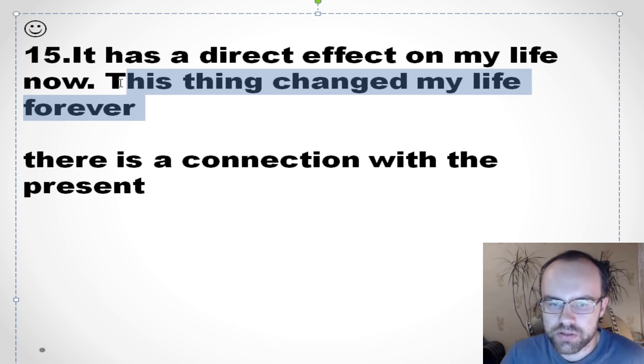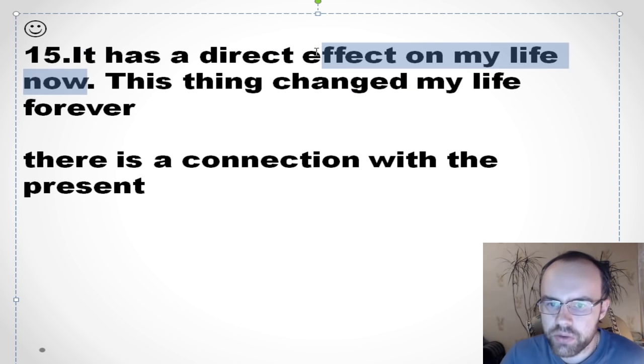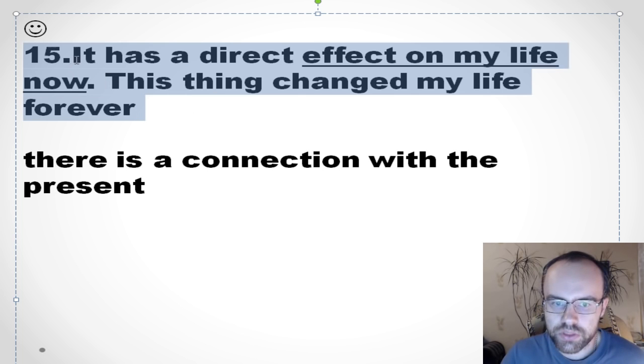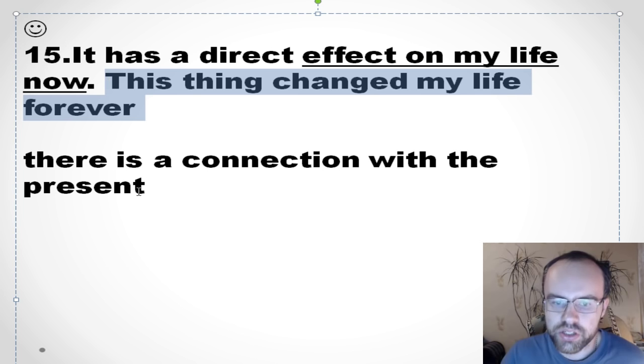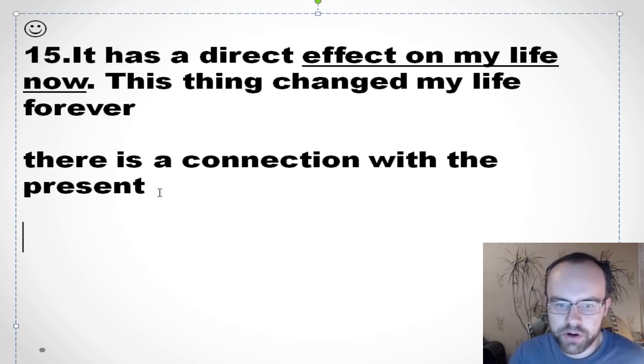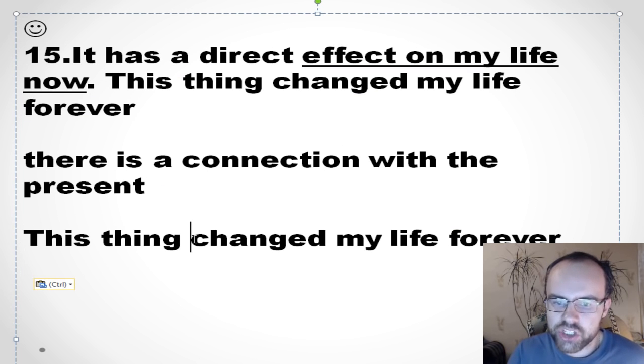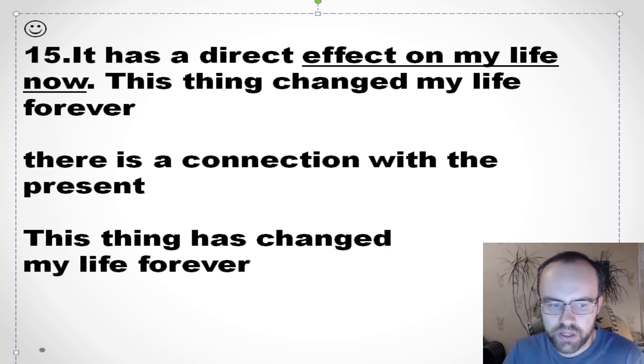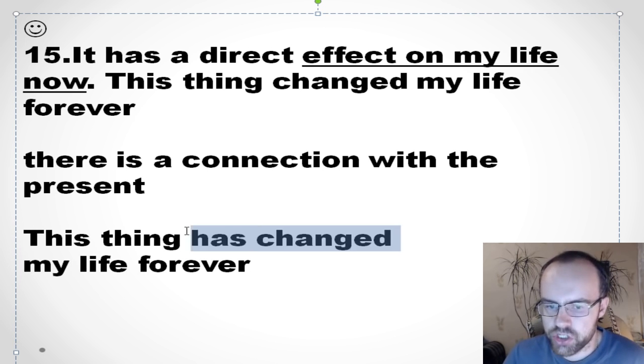It's about, yeah, a past action, and we see a connection, a direct effect on my life now. And so you need to say, my friend, what you need to say. You need to say it in present perfect. This thing has changed my life forever. This thing has changed my life forever.